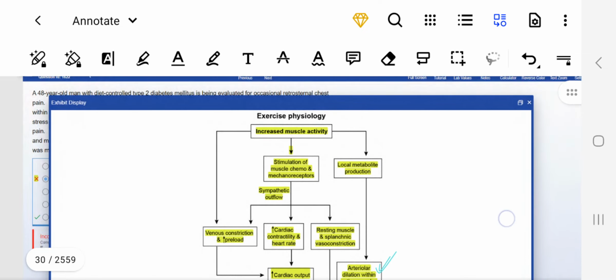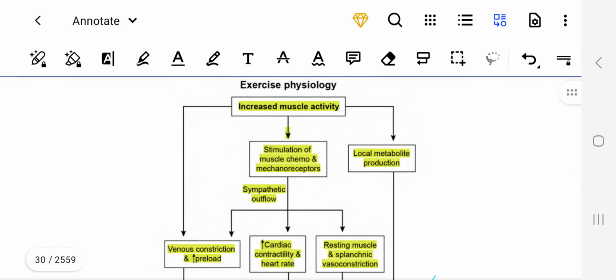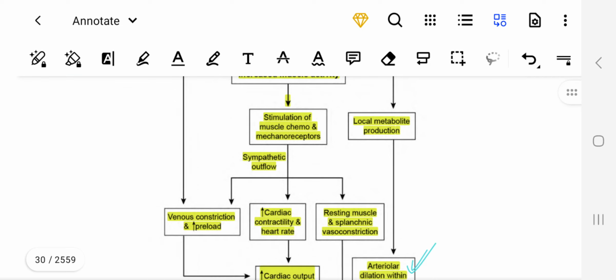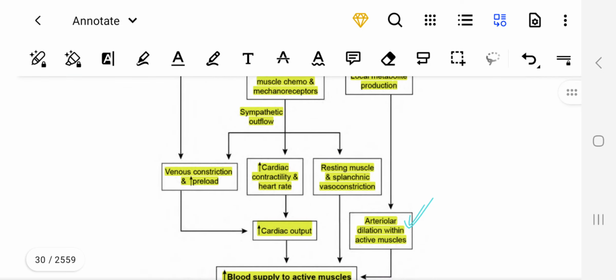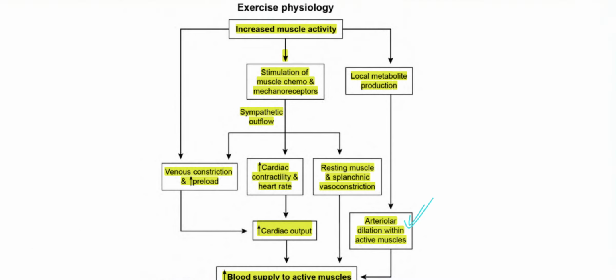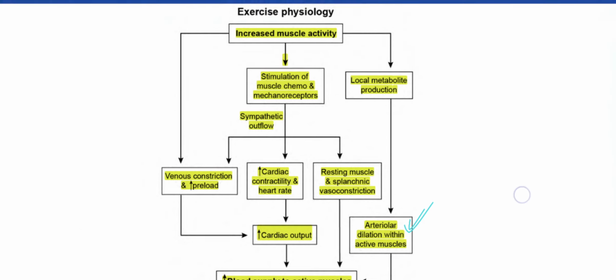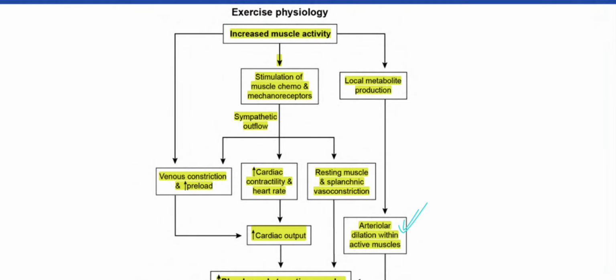So this is exercise physiology. What will happen is increased muscular activity, so there will be venous constriction and increased preload. With that, cardiac output will be increased. With stimulation of muscle chemo and mechanoreceptors, that will increase sympathetic outflow, which will increase cardiac contractility and heart rate.